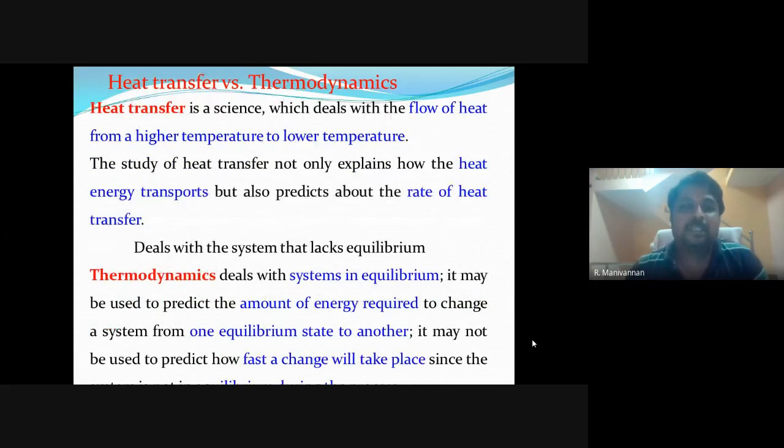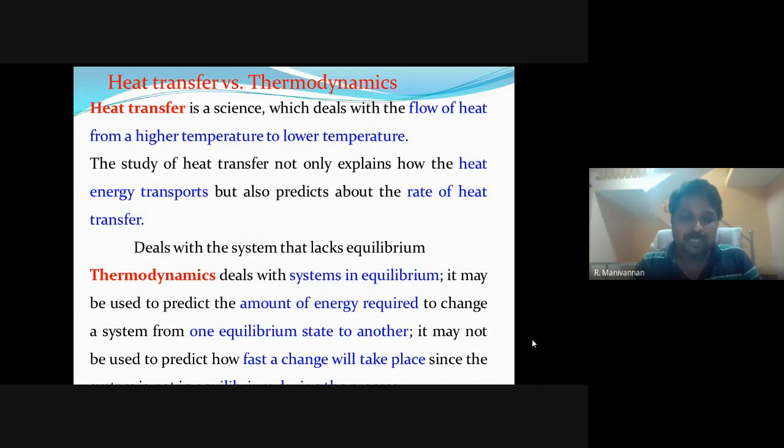Now let me explain the difference between heat transfer and thermodynamics. What is heat transfer? As I told you earlier, it is a transfer of heat energy from higher temperature to a lower temperature, and this deals with the system that lacks equilibrium. But thermodynamics, on the other hand, deals with the system which is in equilibrium.